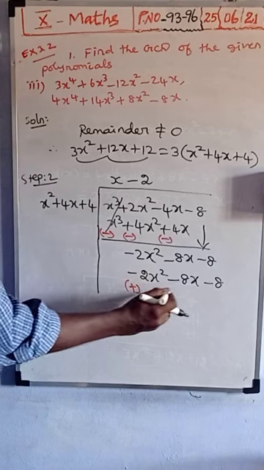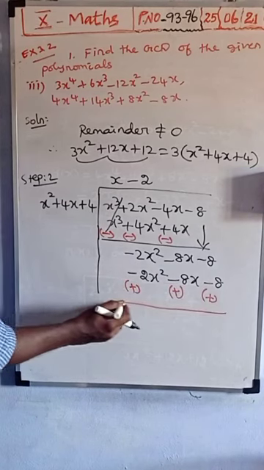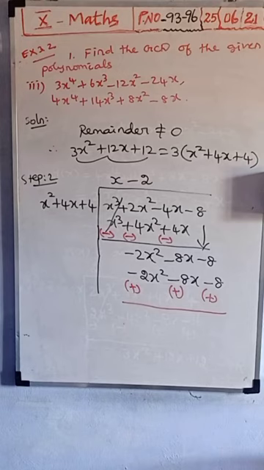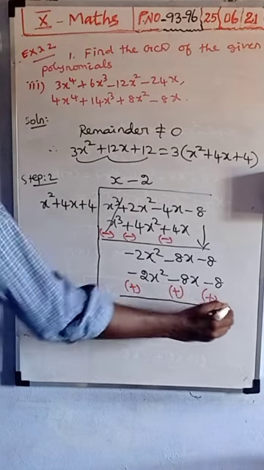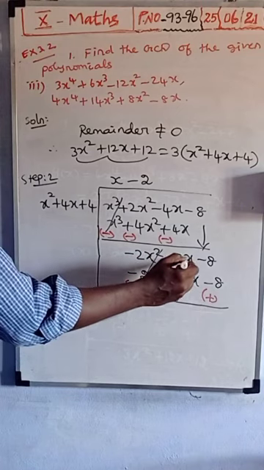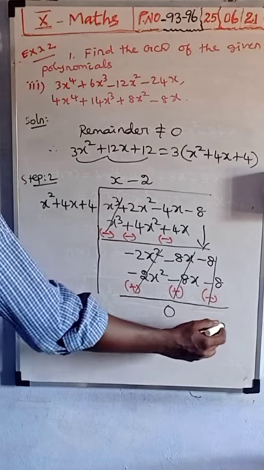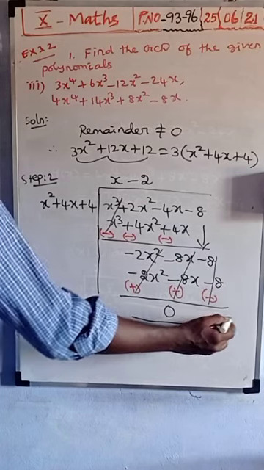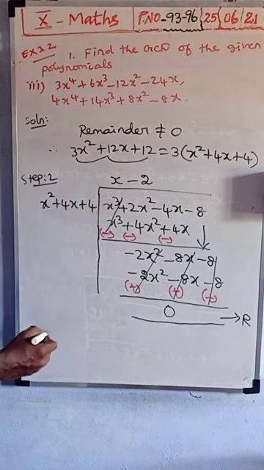Change the symbol to plus. Now what answer will we receive? Minus 2x squared plus 2x squared cancels, minus 8x plus 8x cancels, minus 8 plus 8 cancels. All the terms cancel. The remainder we received is 0.